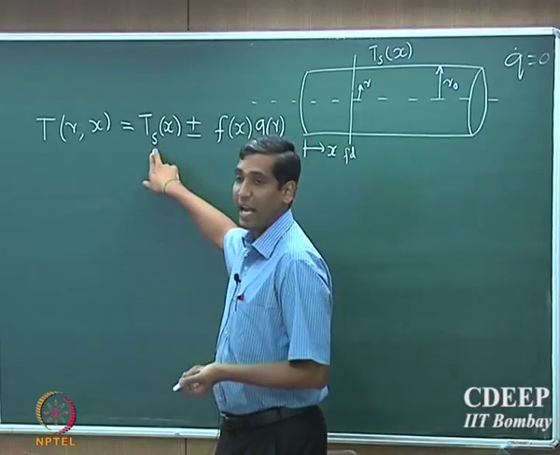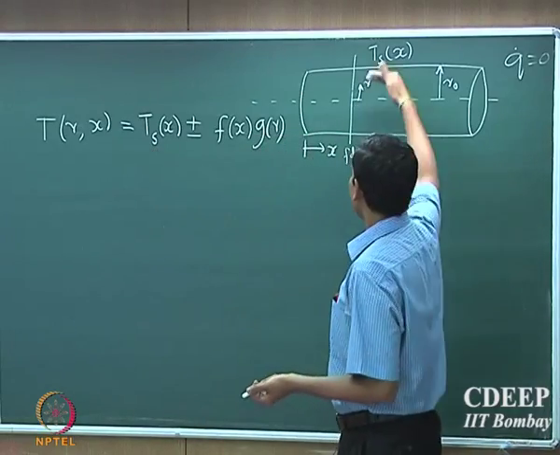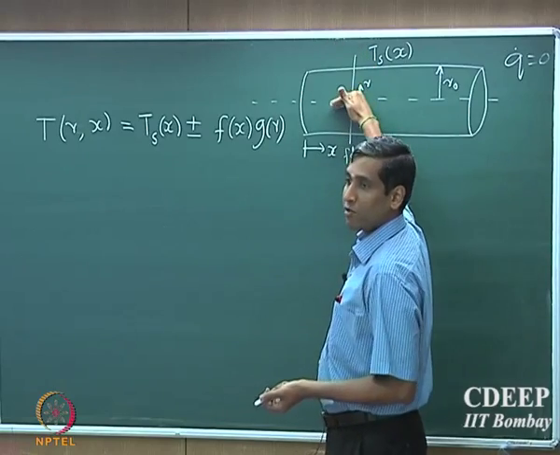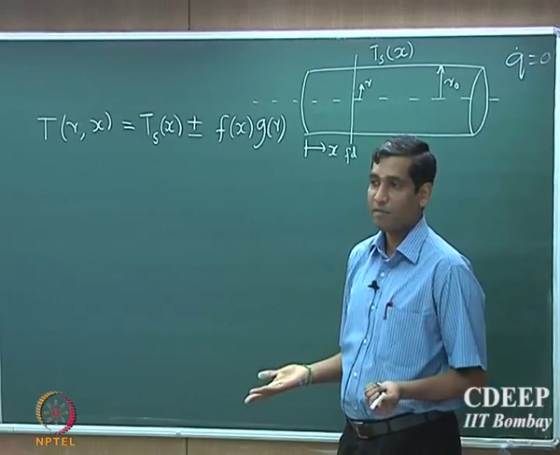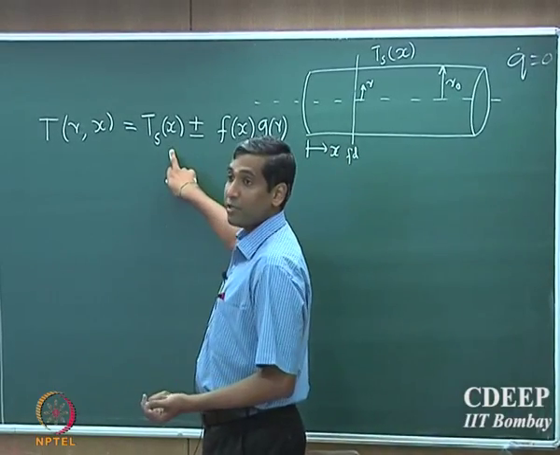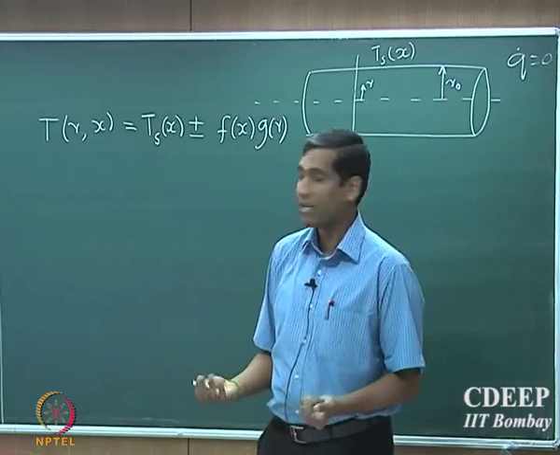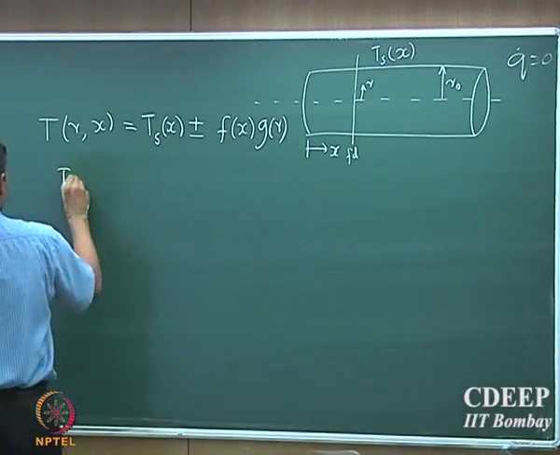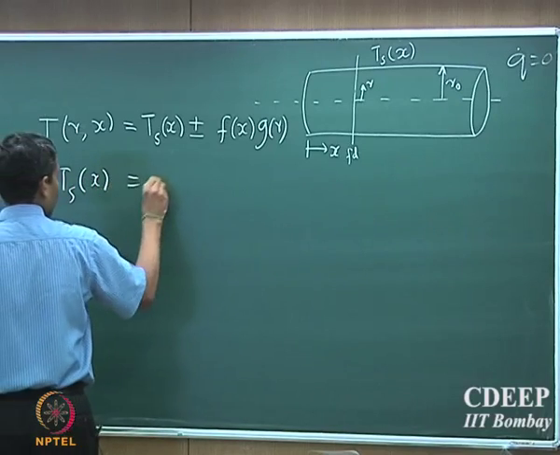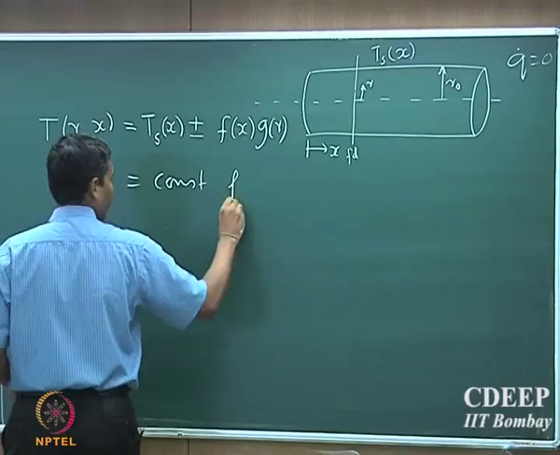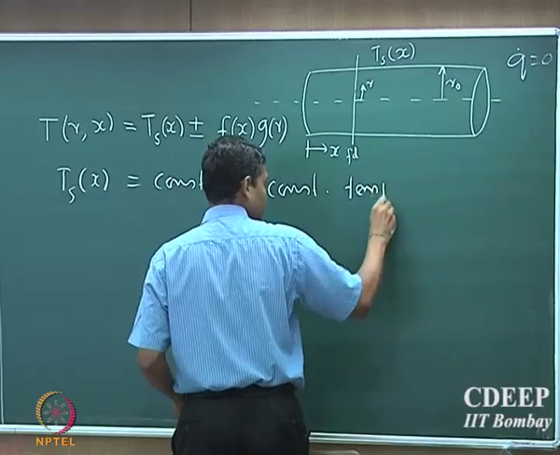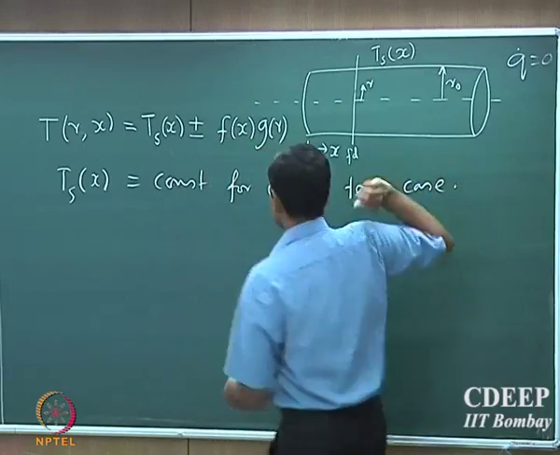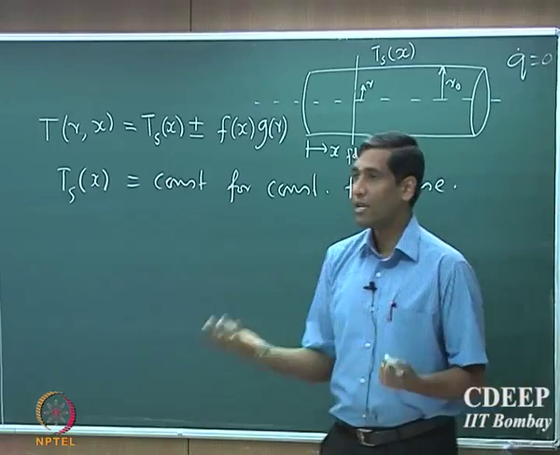The upper limit is Ts if the heat is being supplied from the surface to the fluid, and the lower limit is Ts if it is vice versa. Okay. So, that is a function of x position if it is a constant flux case, and Ts of x is constant for constant temperature case. Okay. So, this is the general functional form.